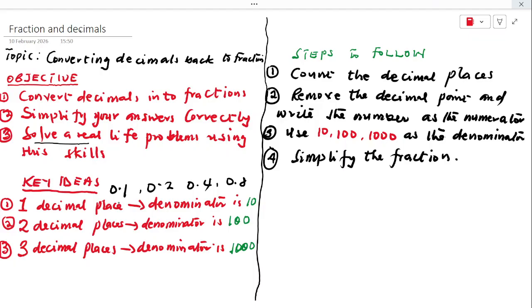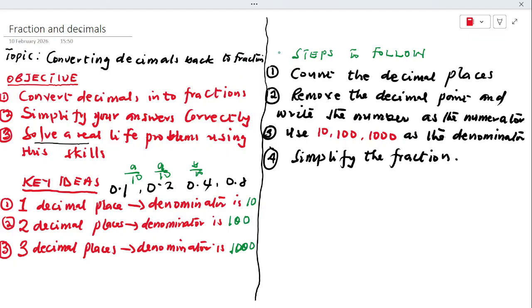If you have such decimal fractions, the denominator will be what? 10. So if it is 0.1, you have something in the form, let's assume, A over 10, or something B over 10. So in that order, the denominator is going to be 10. That is what you need to understand.